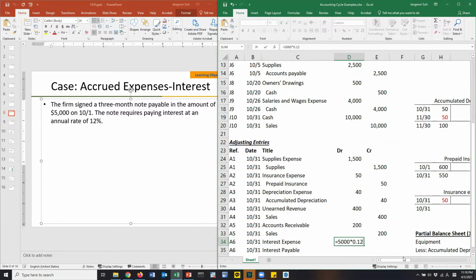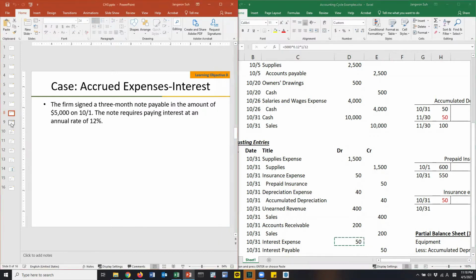Okay, annually 12%. Then for a month, we are talking about just 1 month, right? It is just 1 out of 12. Would you pay 12%? No, that's not fair. We are talking about just 1 month. So you will consider only 1 out of 12 of the 12%, which is actually 1%.